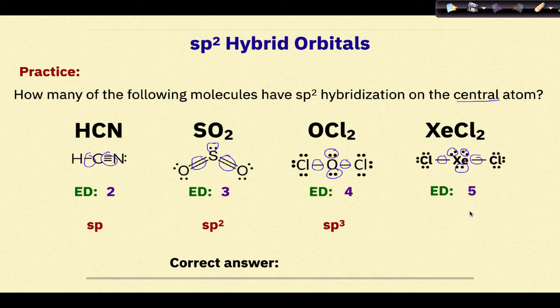So it's 5 electron domains, and the hybridization is sp3d, which you are not responsible for, but we look at it and we say, well, it's definitely more than 3 electron domains, so it is not sp2 hybridized. So the correct answer here, of course, is that there is only one molecule here that has sp2 hybridization, and that is the SO2 molecule.